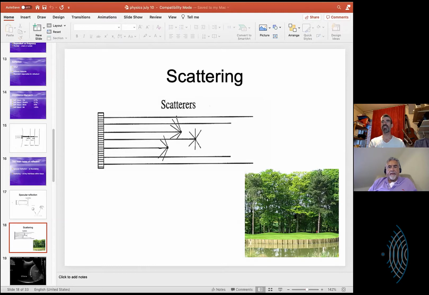And the sound isn't reflected back in one direction, it's reflected back in just about every direction.